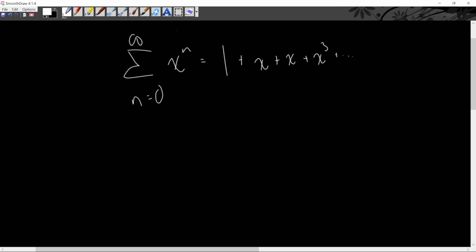So the geometric series, let's write it out. We have the geometric series starting from n equals 0 and summing up to infinity of x to the n, equal to 1, right? Like x to the 0 plus x to the 1 plus x squared plus x cubed and on and on, and this has a radius of convergence of, well, 1 over 1, right?